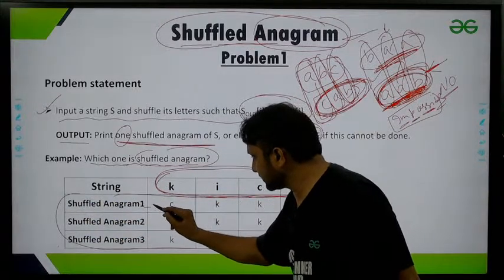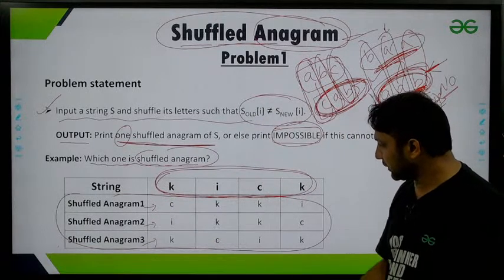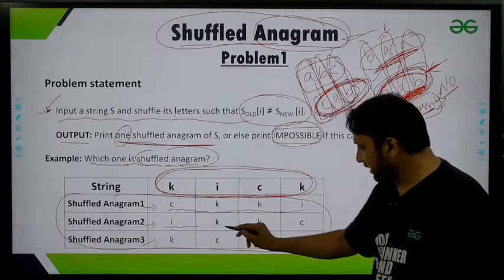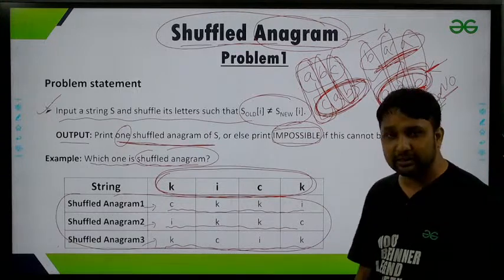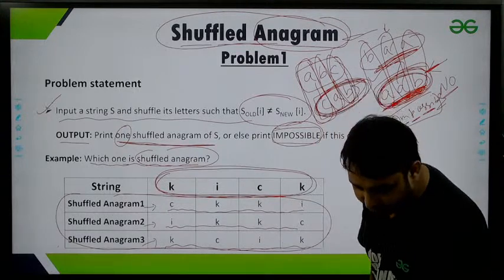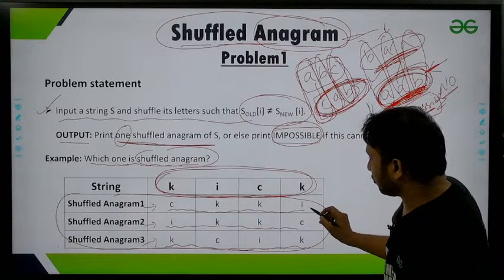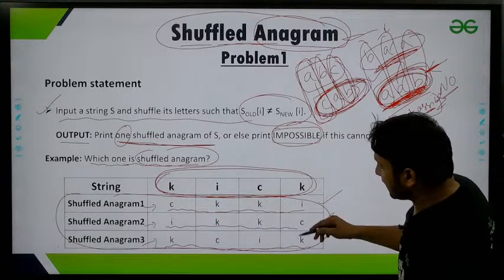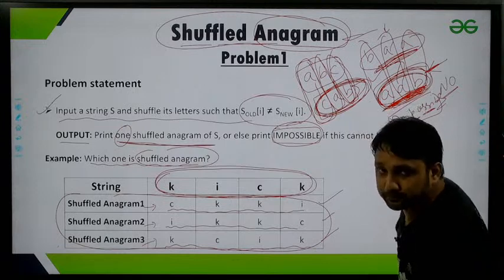First one is this, second one is this, third one is this. Is the first the right shuffled anagram, or the second, or the third? Which one is the right one? Please write in the chat.